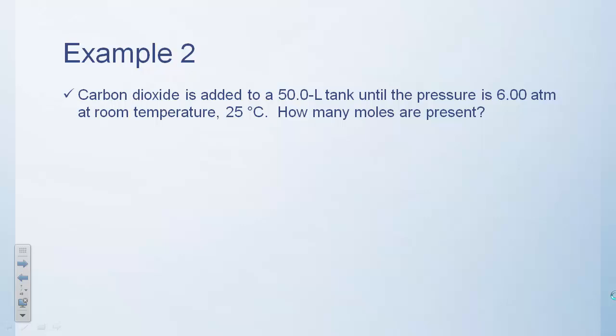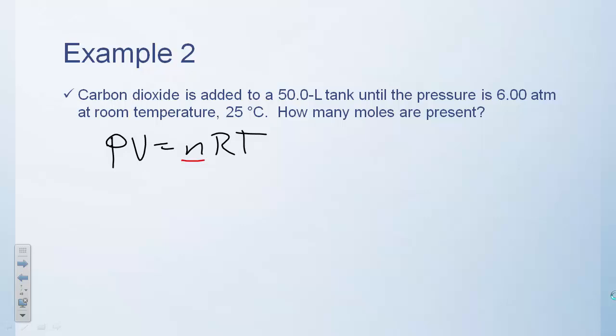So once again, we're going to start with the ideal gas law. And we're going to rearrange the variables till we're isolating the one that we're solving for. So in this case, we start with PV equals nRT. But we were asked to solve for the moles, so we're going to rearrange this equation and isolate the n here.